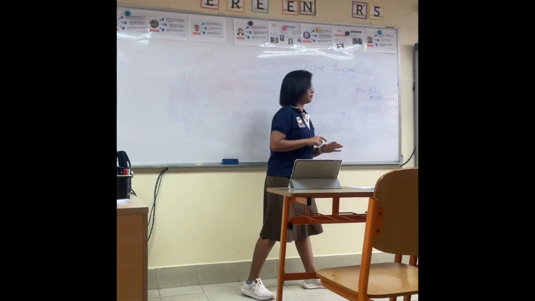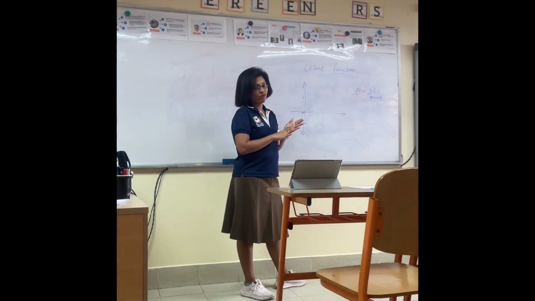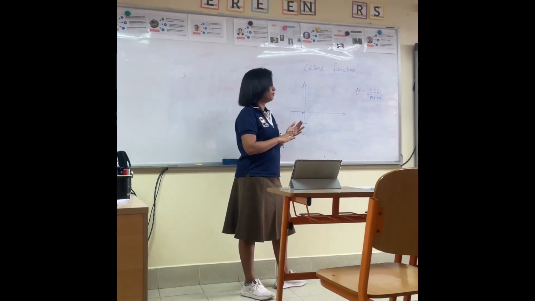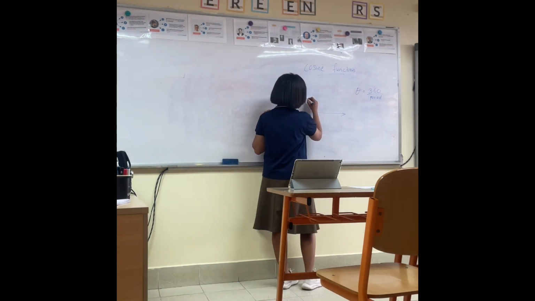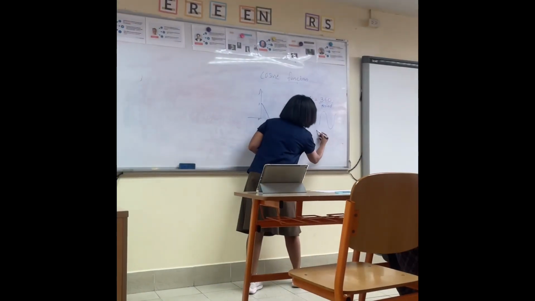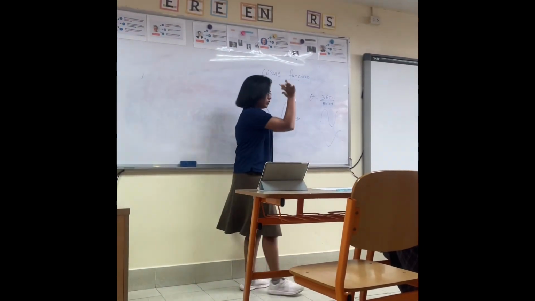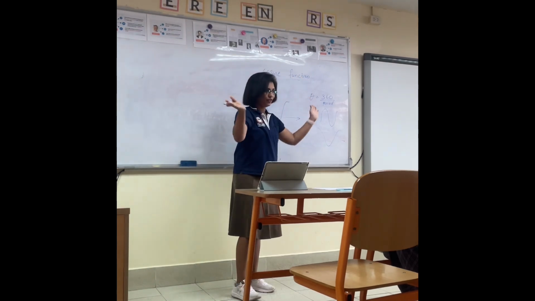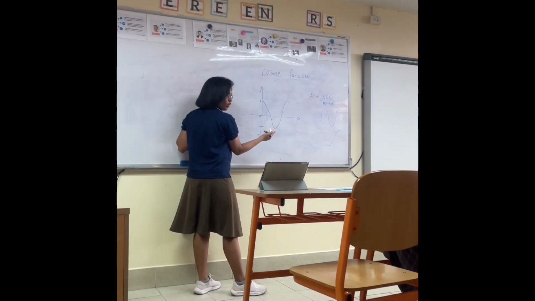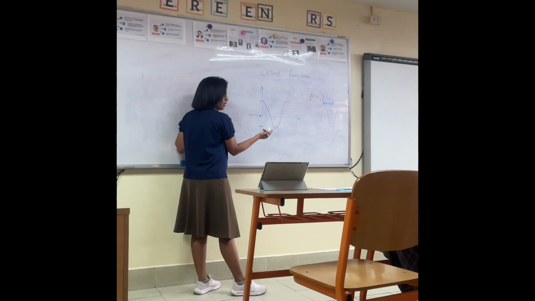What is the value of cos 180? Negative 1. Negative 1, yes. So the graph will be like this. Understand? Okay. So your cosine graph will be like this, branching out. Got it?